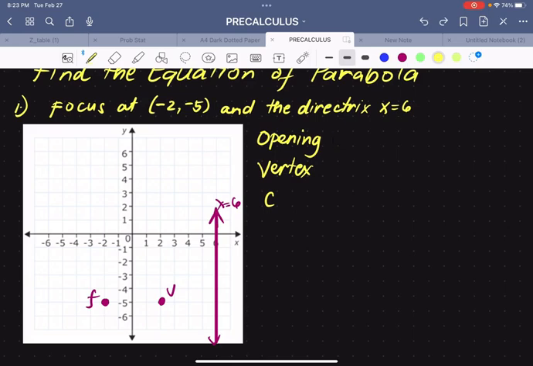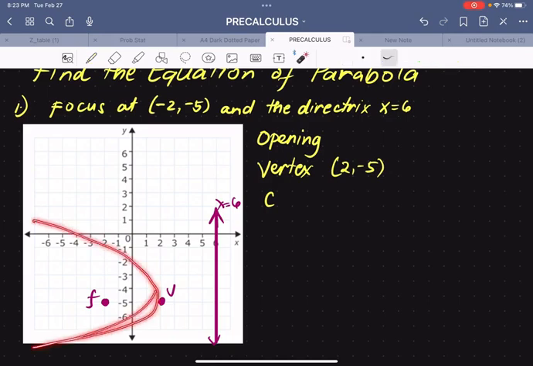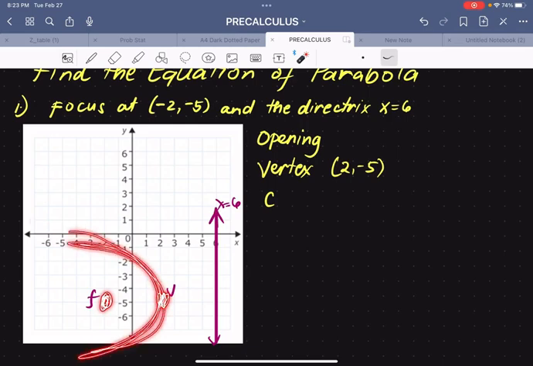The vertex is (2, -5). And the opening of the parabola opens to the left. Why? The vertex is located here and the focus is located here, so the focus is on the left side of the vertex.